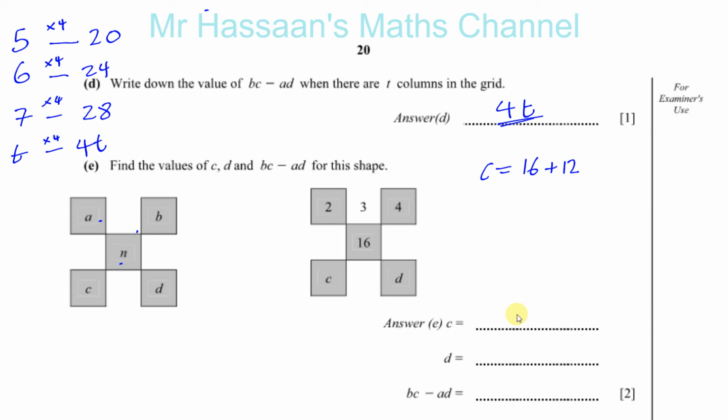Now BC minus AD, I could find it by using A is equal to 2, B is equal to 4, C is equal to 28 and D equals 30, and we could do B times C minus A times D. However, there's a quicker way of doing it, and that is by working out how many columns this has, because of course it starts from 1.